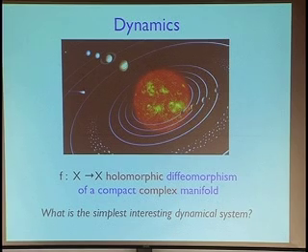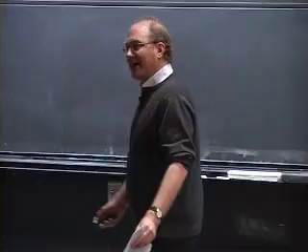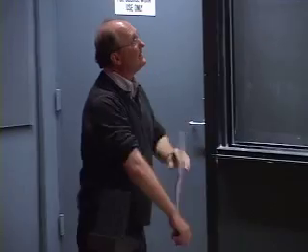So in the era of Smale and Anosov, there emerged a beautiful theory of dynamical systems in the following more mathematical setting. A dynamical system should live on a compact manifold, and it should be given by a diffeomorphism of this manifold to itself. This is sort of an abstraction of the idea of the Poincaré cross-section. Now, what I'd like to do is to make this theory even more rigid.